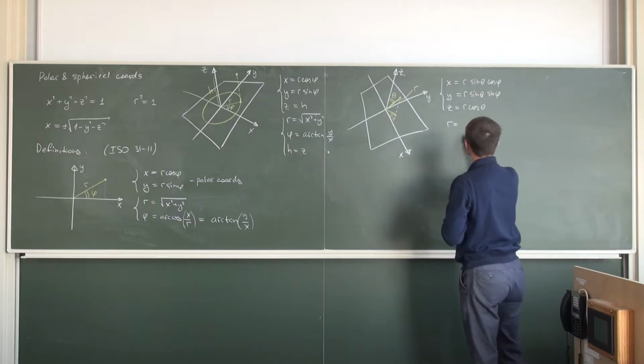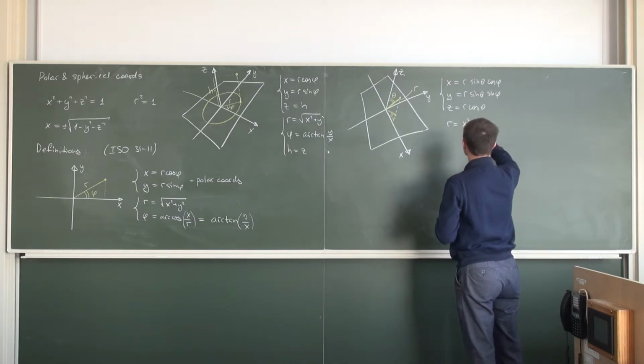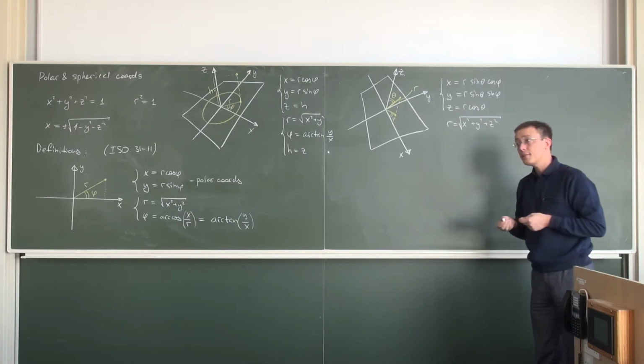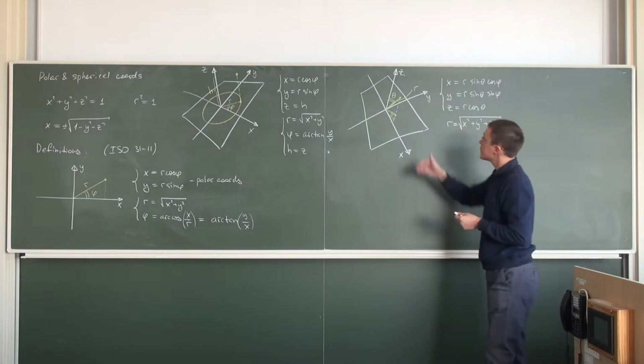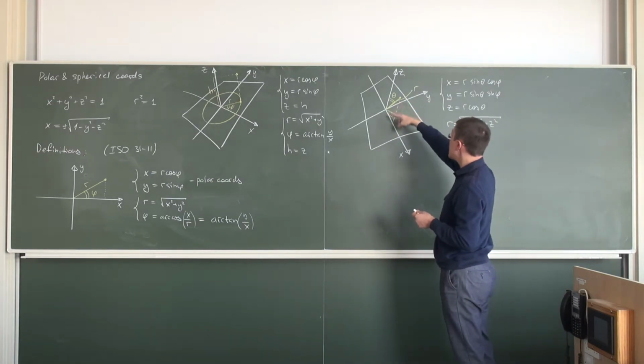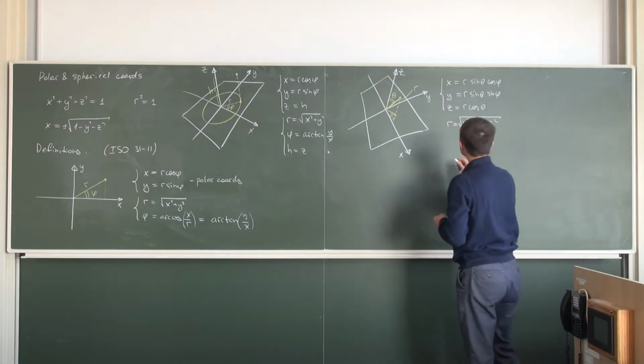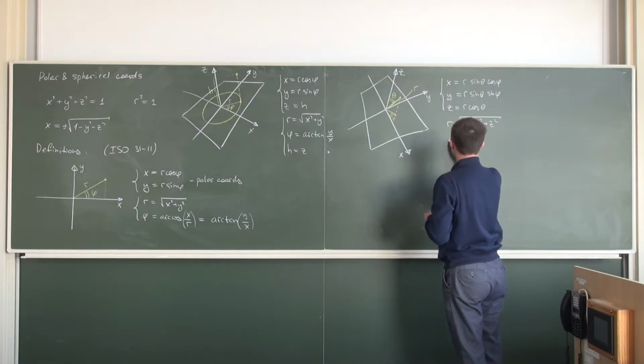So r squared is x squared plus y squared plus z squared. And so this is the root, again positive by definition, because if we want the opposite direction, we can keep r positive, we can simply adjust the angles. And then let's think about theta.